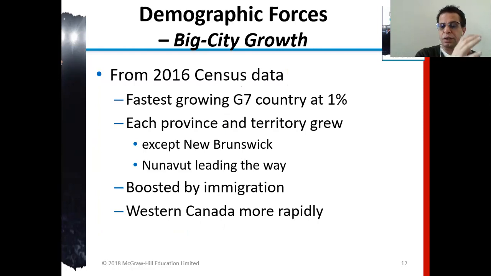Now, the other demographic force that you look for is that we've seen the fastest growing G7 country at 1% only. And each province and territory grew within Canada, except New Brunswick, with non-natives leading the way. Another reason is that people in New Brunswick, when they come in, they move away, and the people in New Brunswick themselves don't have that many offspring, they don't generate more kids.